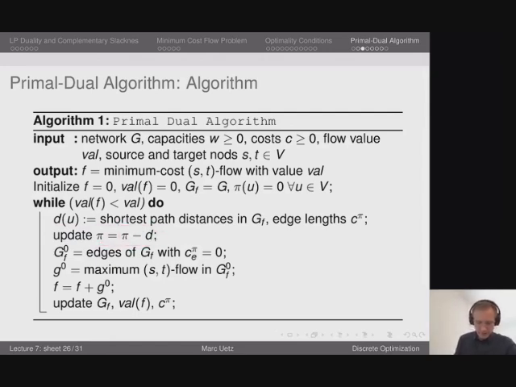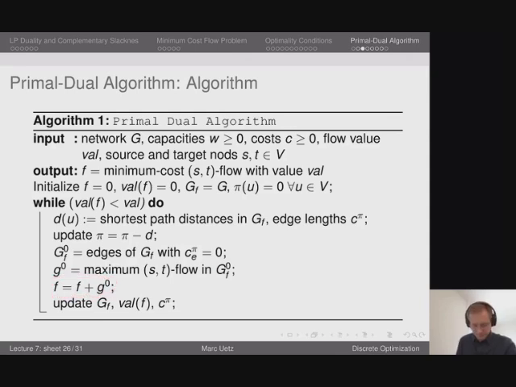We define the subnetwork, consisting of only the edges which now have 0 reduced costs. We compute a maximum s-t flow in this subnetwork. So this little g0 is a maximum flow. So here we need a maximum flow algorithm in order to be able to do that in this subgraph. And we just add this flow to the current flow f.